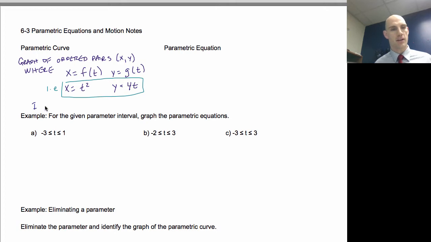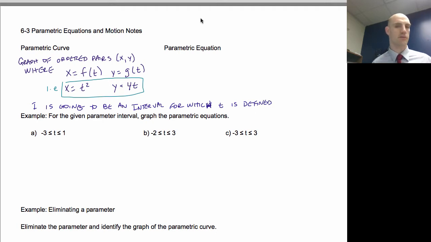So I is going to be an interval for which t is defined.